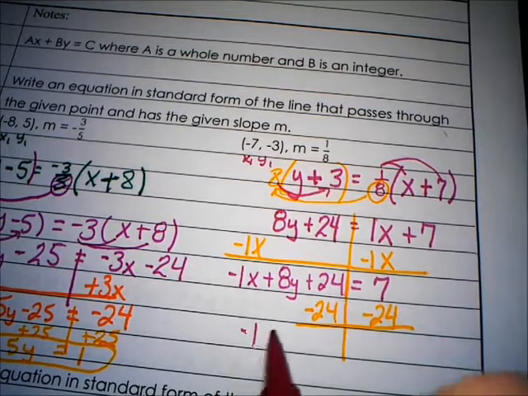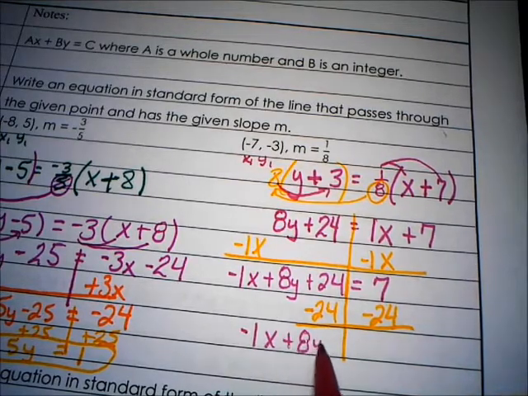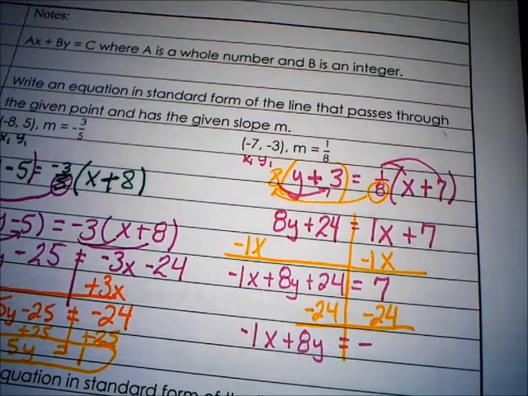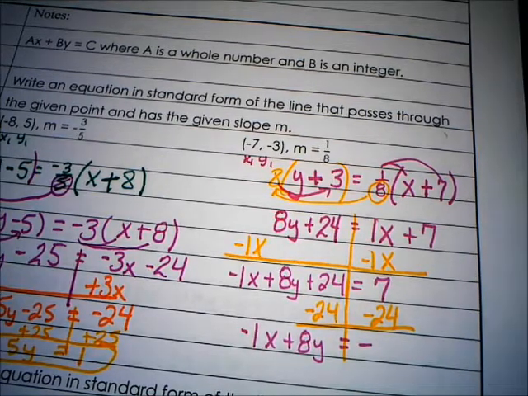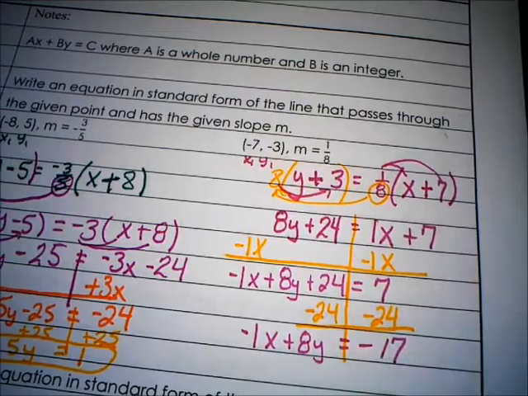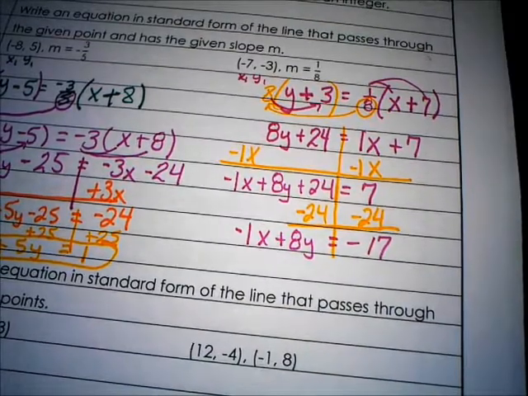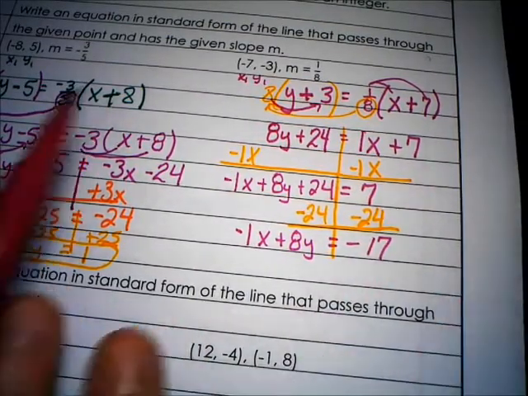That'll give me negative 1x plus 8y is equal to negative 17. Now this is almost correct.